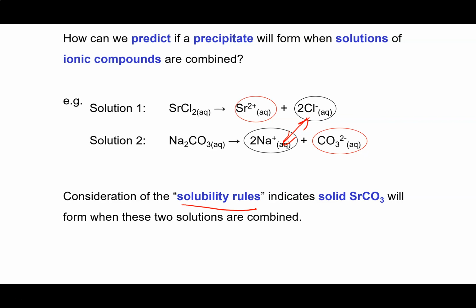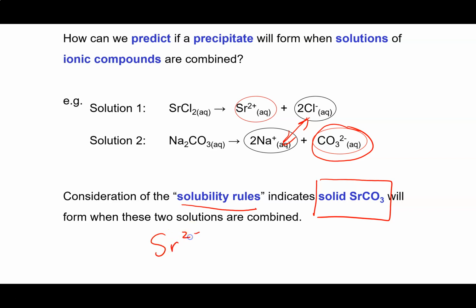However, my solubility rule said that carbonates form insoluble ionic compounds, and strontium ion was not one of the exceptions. So this tells me that strontium carbonate will be precipitated as a solid.